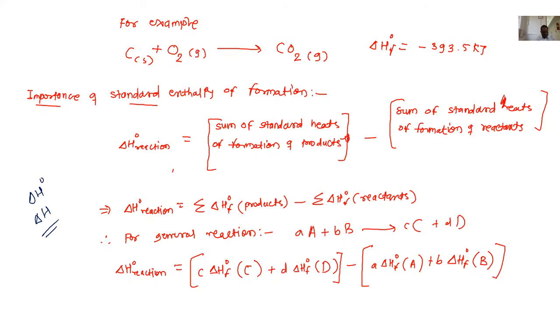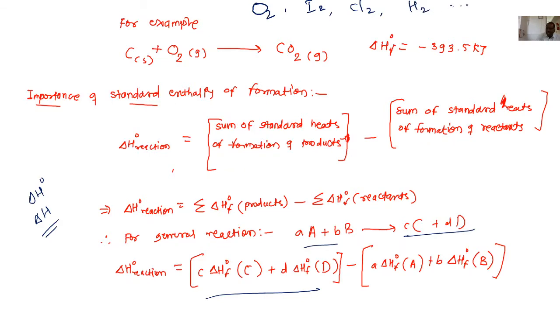Remember this formula for any reaction: the summation of standard enthalpy of formation of products minus the summation of that of reactants. Remember also the elements at the molecular level, that is formation of O2, I2, Cl2, H2.